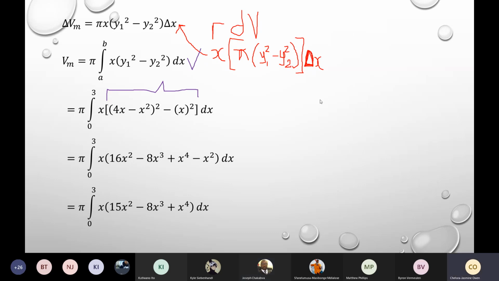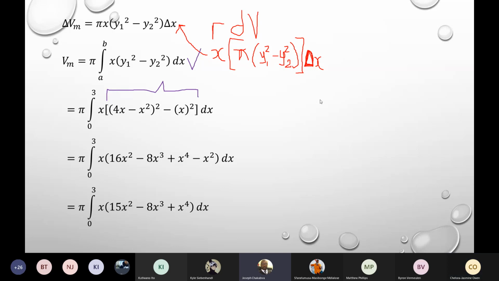So you say the basic steps when doing volume moments is to substitute your equations into y1 and y2 squared, and then expand it, and then integrate from there. Come again, Chelsea. Sorry. Are you asking for volume moment?